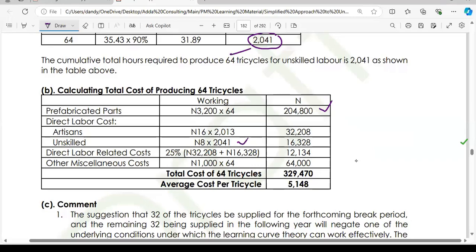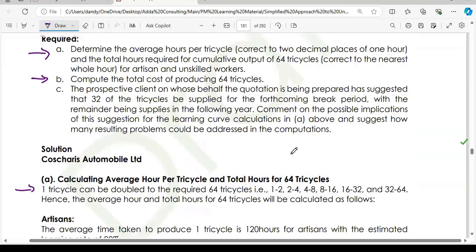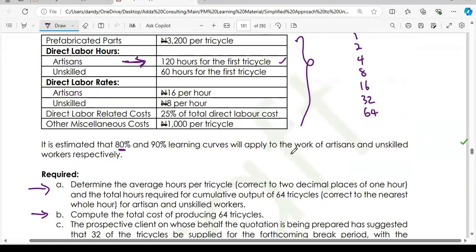So that's the 2,041 you have here. When you multiply, this will give us 32,208. This will give us 16,328.